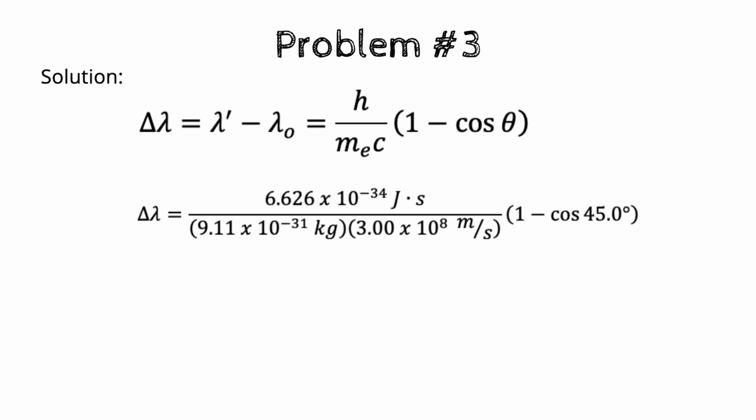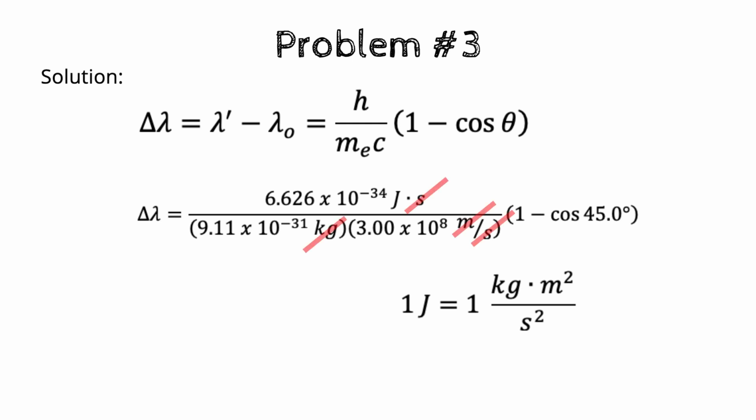Planck's constant, 6.626 times 10 to the negative 34 joule-second, over the mass of the electron, 9.11 times 10 to the negative 31 kilogram, times the speed of light, 3.00 times 10 to the power of 8 meters per second, times 1 minus cosine of 45.0 degrees. 1 joule is equivalent to 1 kilogram m squared over s squared.